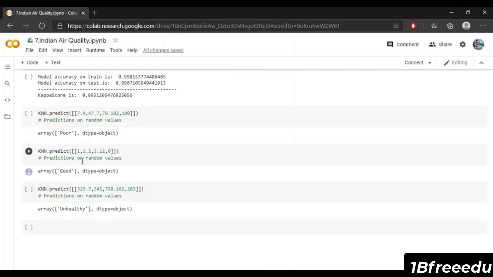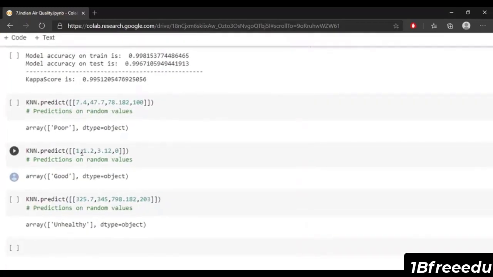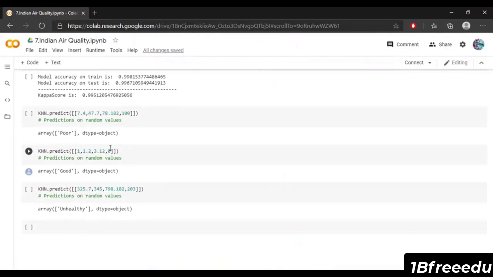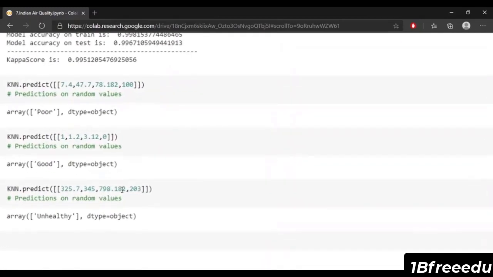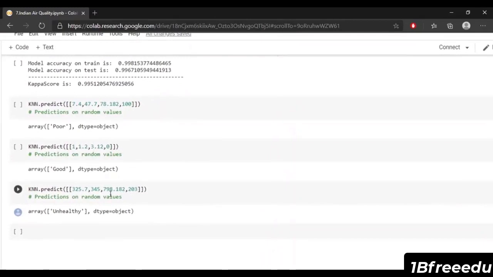And then we have predicted the model, and intentionally the numbers have been given smaller over here, and smaller number means less pollutant index. And this model has predicted these values to be good. And then we gave higher values over here, which means the higher the value, the higher the pollutant index.